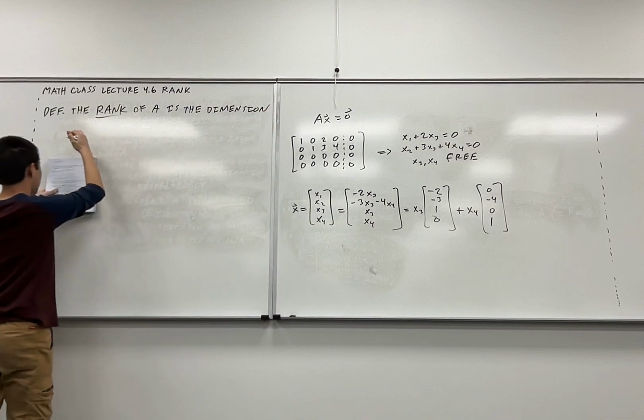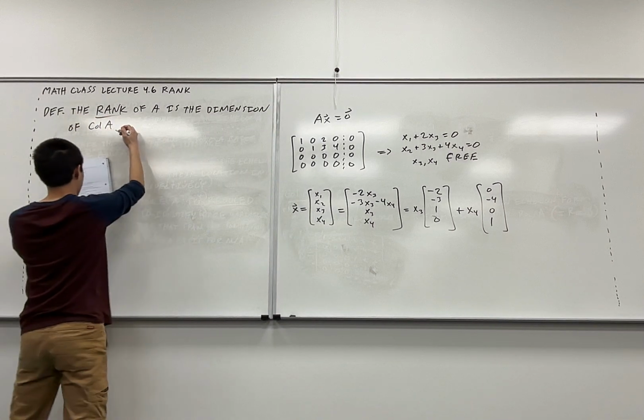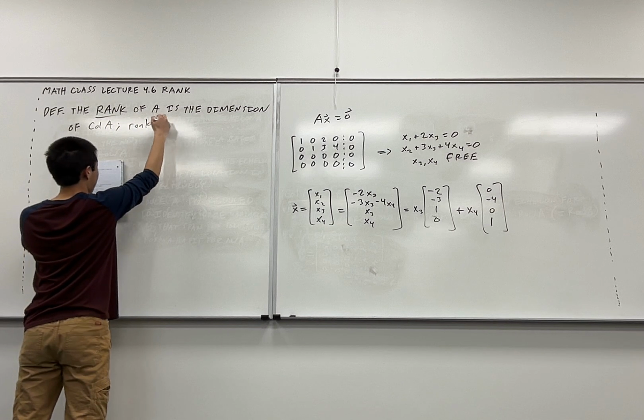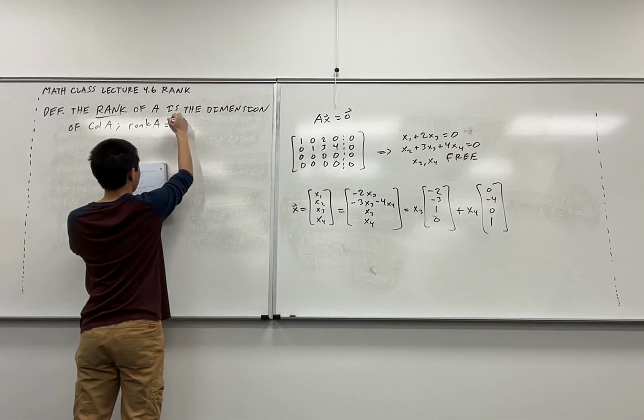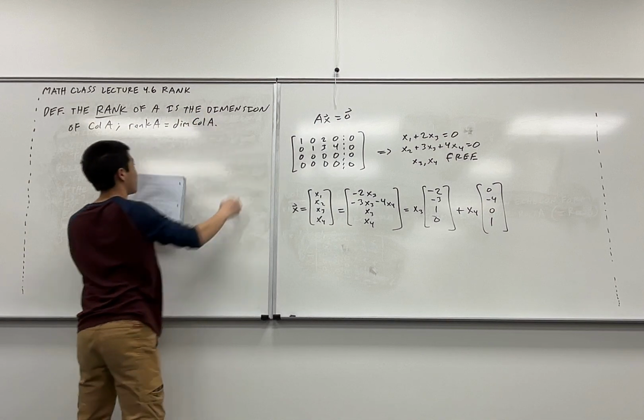Put in just math terms, the rank is the dimension of the column space.